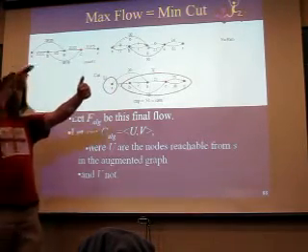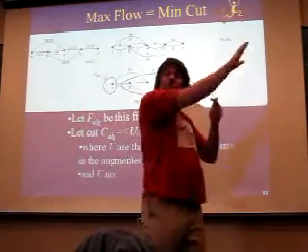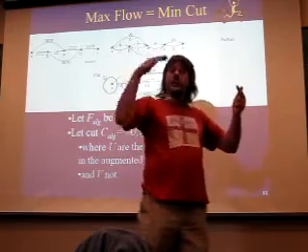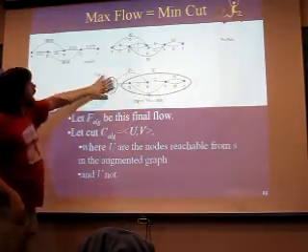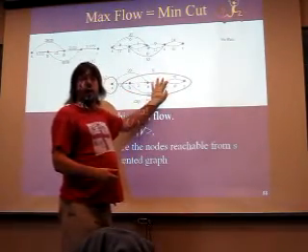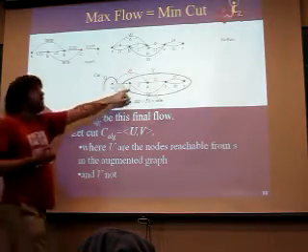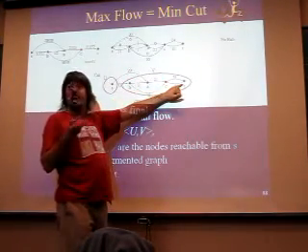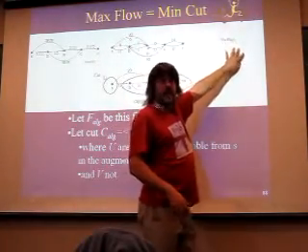You could push flow along and it would get to them. We're not saying what would have happened once it got there, but to there you could get flow. And B are the guys who are not reachable. We know S is in U because you can reach S from S, and T is not in U because you can't reach T from S, otherwise there'd be a path.